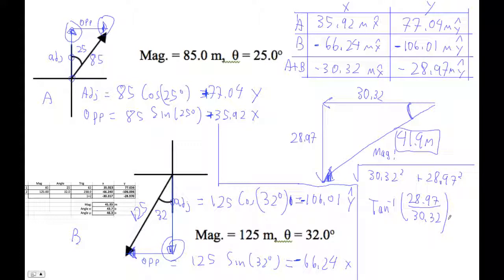This should be an angle less than 45, right? 43.7. Doesn't look like a 45, but maybe it is, right? So 43.7 degrees, 41.9. Draw it with the arrows. You're all set.